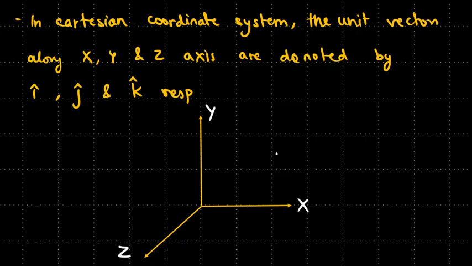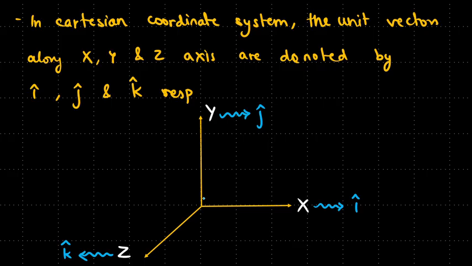There are many other ways of writing it. I'll just represent x, y, and z. So a unit vector along the x-axis will be i cap. A unit vector along the y-axis will be j cap. Similarly, a unit vector along the z-axis will be k cap.